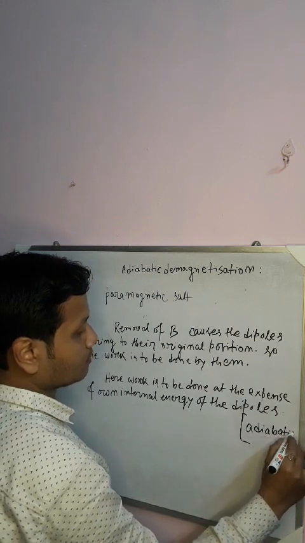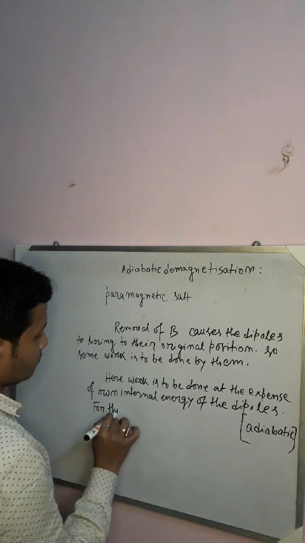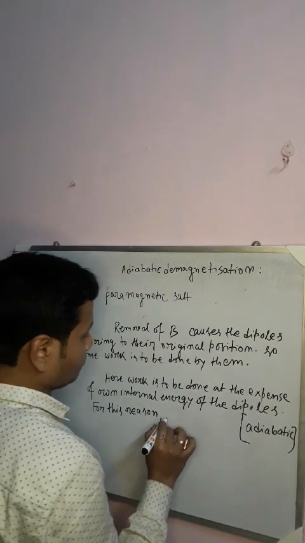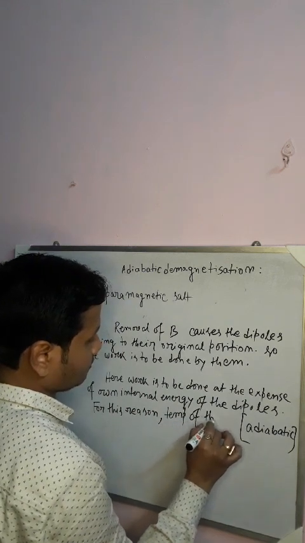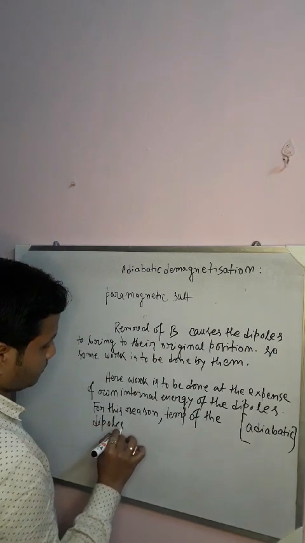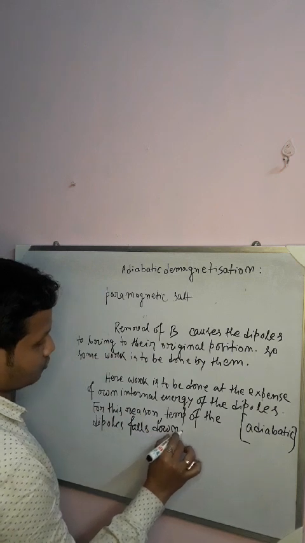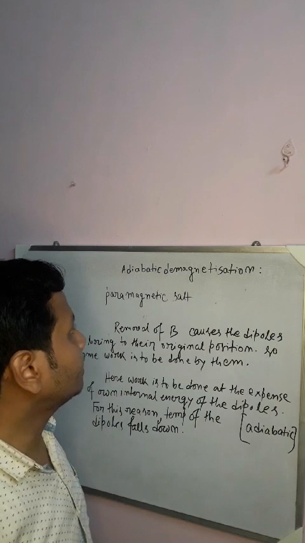For this reason the temperature of the dipoles falls down. So this is the principle of the adiabatic demagnetization process.